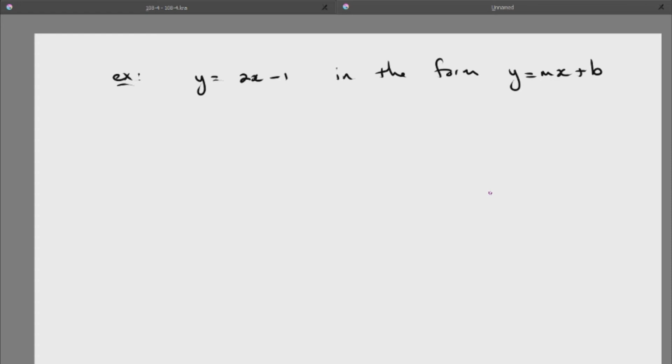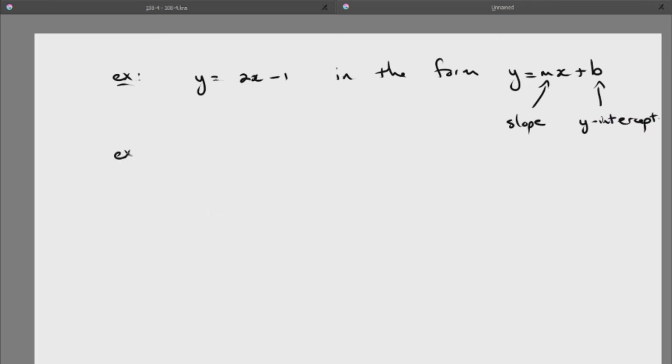But the nice aspect of this version of linear function, straight line equation, is that both of these numbers that appear have immediate meaning for me and the graph. The number in front of the x is the slope, which tells me how it's angled. And the b number is always going to be the y-intercept.